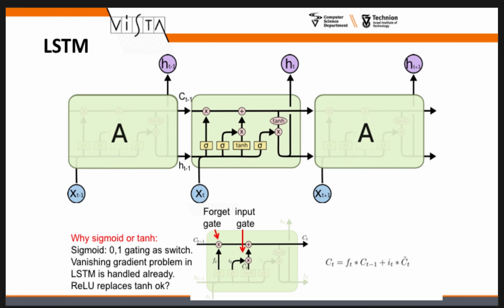You have very complex functions here with a lot of multiplications, so you prefer smoother non-linearities to better approximate your gradient. This is the reason why in RNNs we use only tanh non-linearities and not ReLUs. Any questions about tanh?